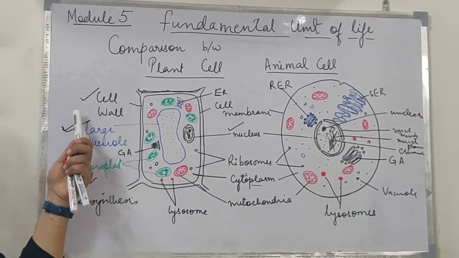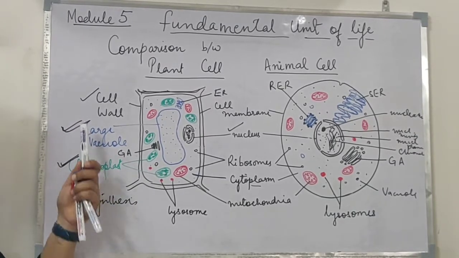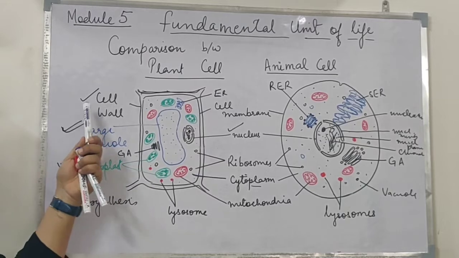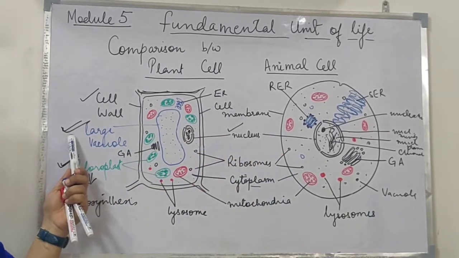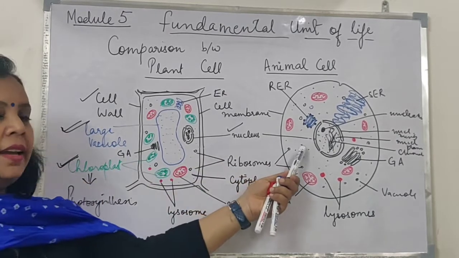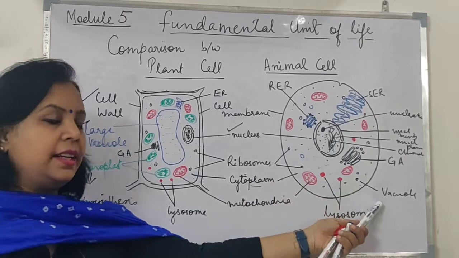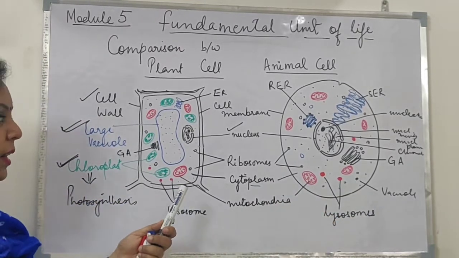You can see the four main differences. Let us quickly revise. Presence of cell wall in plant cell, it is absent in animal cell. The vacuole is large and prominent in the center. This is not there in case of animal cell. They are either very small, insignificant, or they are totally not there.